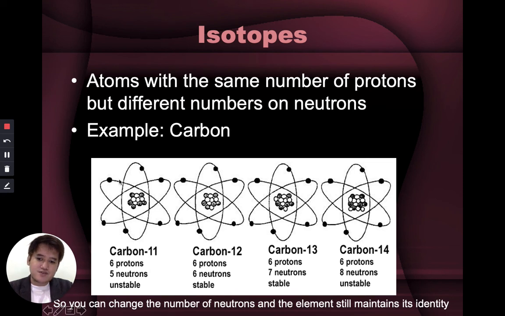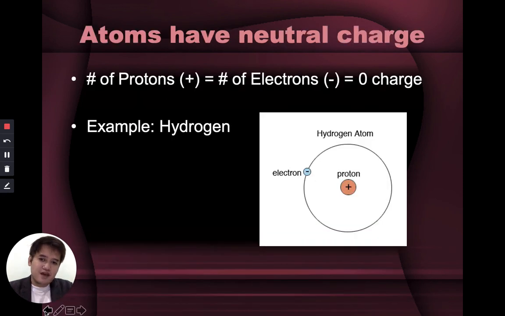In terms of charges, for example, an atom, most specifically the nonmetals, if they gain more electrons, 1, 2, or 3 electrons, they become anions, negatively charged particles. That is because they gained more electrons than the normal atom.